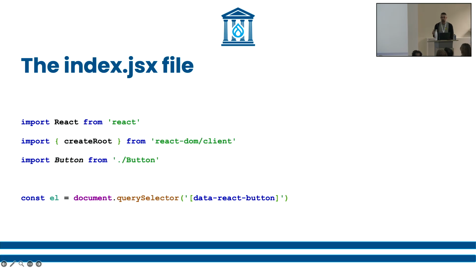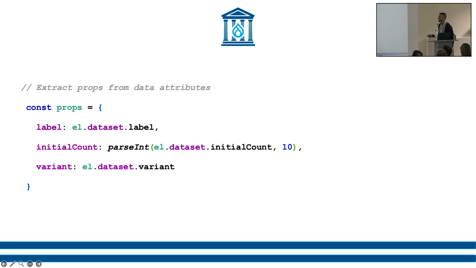So this is our index.jsx file where we import our libraries and also our button, for example. Then we have to get the Twig element, and we can do that by selecting the element by its data attribute. So this is the data react button. And then we get the properties from our Twig component.